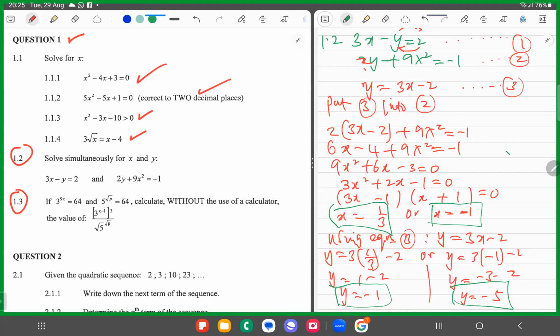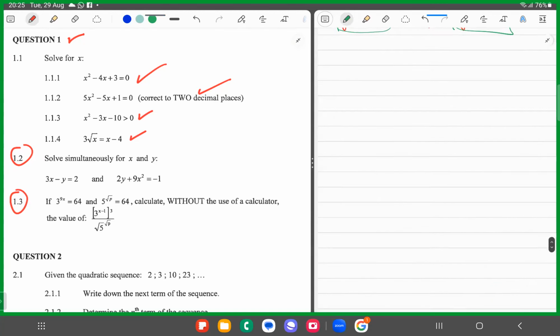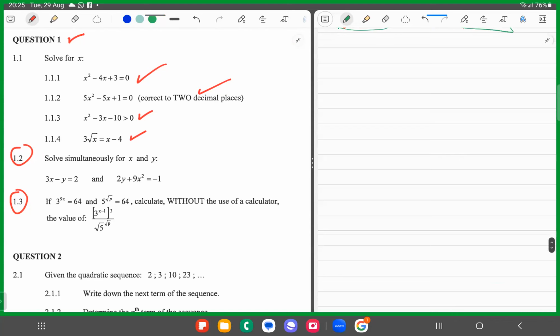And in 1.3 now, we are dealing with something that is very, very important for us to focus on. We are looking at this particular equation here, and we are dealing with two equations, and we need to solve. Okay, let's see what we are getting here.